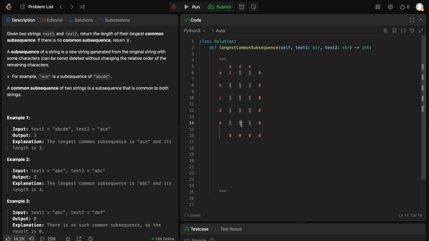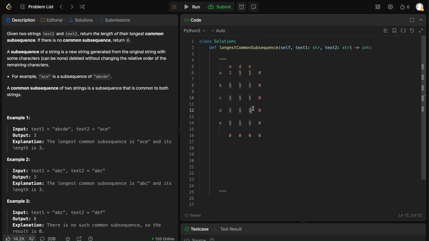Okay, this one, D and E, they are not the same, so it's either the maximum from this one or this one. This is 0. A and E, they are not the same. Sorry, 1. They're not the same, so it's again the maximum from this one and this one. So 1 again, because we consider E and hold this string.